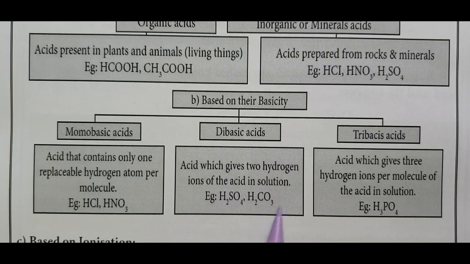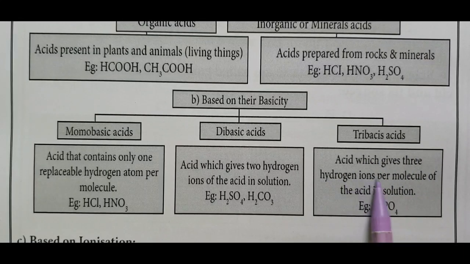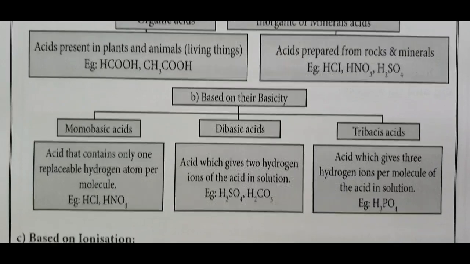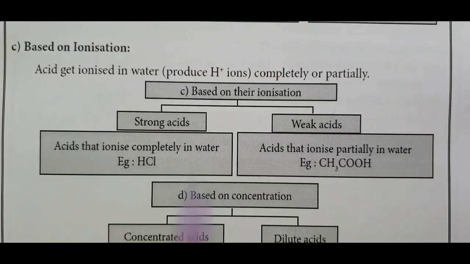Sulfuric acid, carbonic acid, basicity equal to 2, 2 replaceable hydrogen atoms present in these. Tribasic acid: an acid which gives 3 hydrogen ions per molecule of the acid in solution. Orthophosphoric acid, 3 hydrogen atoms are present. These 3 hydrogen atoms are replaceable. Therefore, basicity equal to 3.